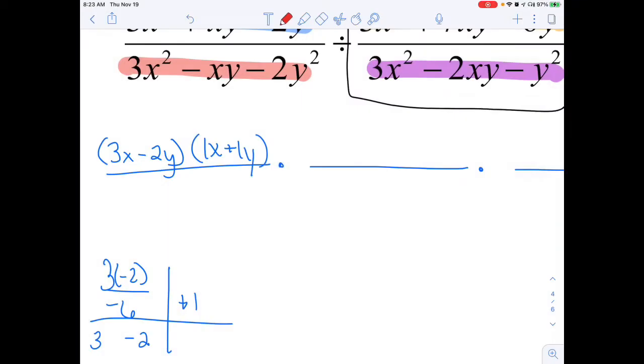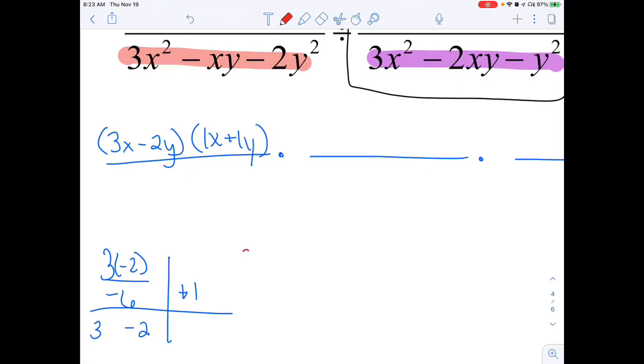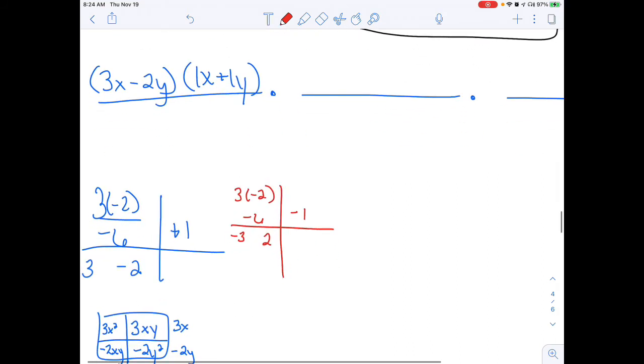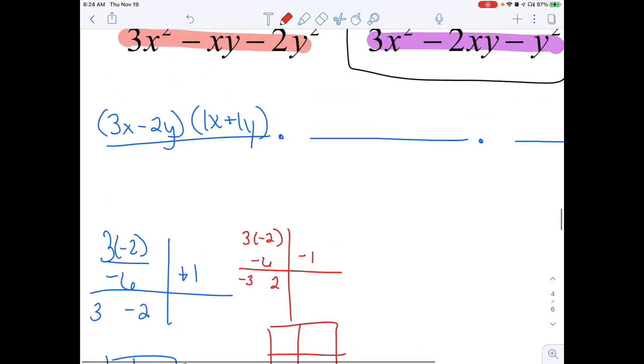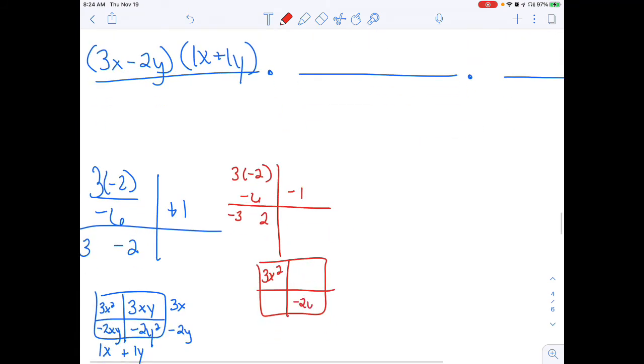Now I'm going to move to the bottom left, which is red. So I do 3 times -2, which is -6. My middle number is -1, which makes my magic numbers -3 and +2. Going into the box, I'm going to get 3x squared in the top left box and -2y squared in the bottom right box from my red equation. I'm going to fill in my magic numbers of -3xy and +2xy.